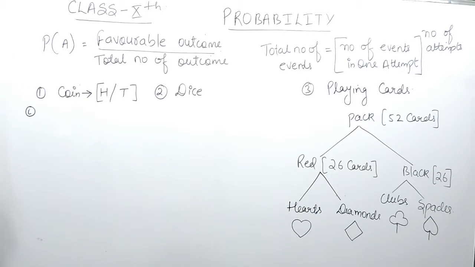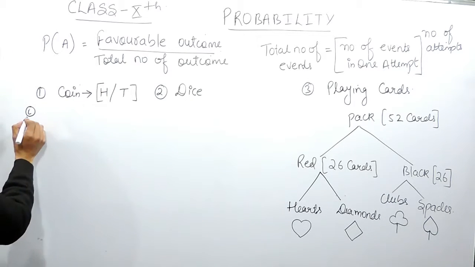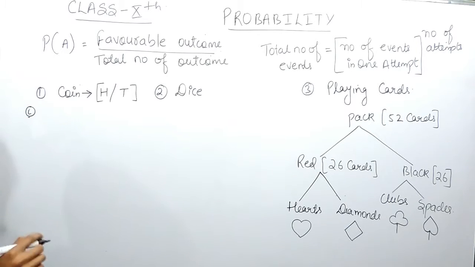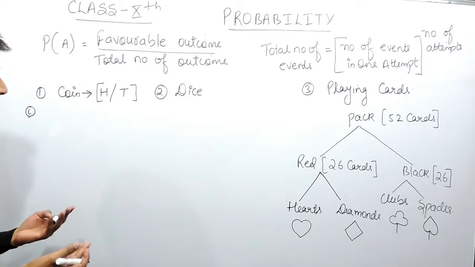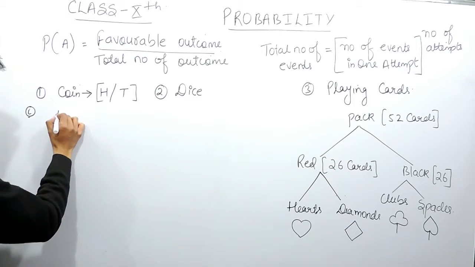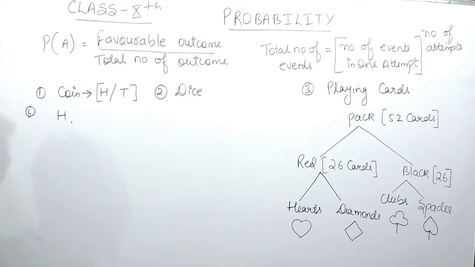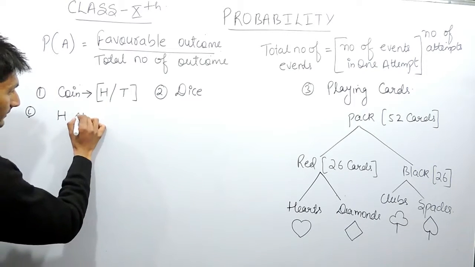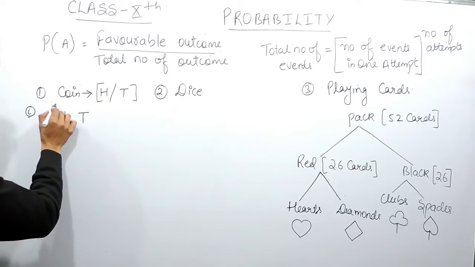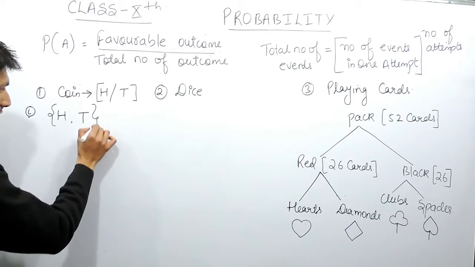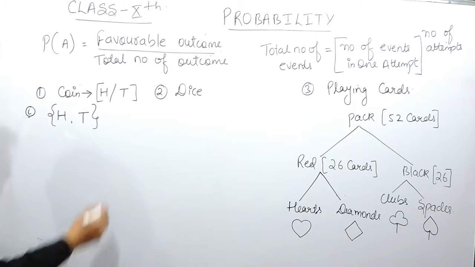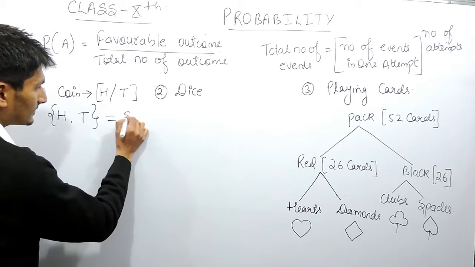If I toss a coin one time, the total number of outcomes is that head might come, or tail might come. These are the total number of outcomes here, and this is known as sample space.